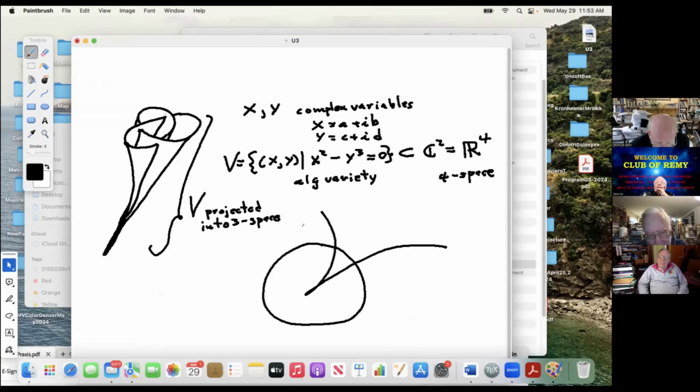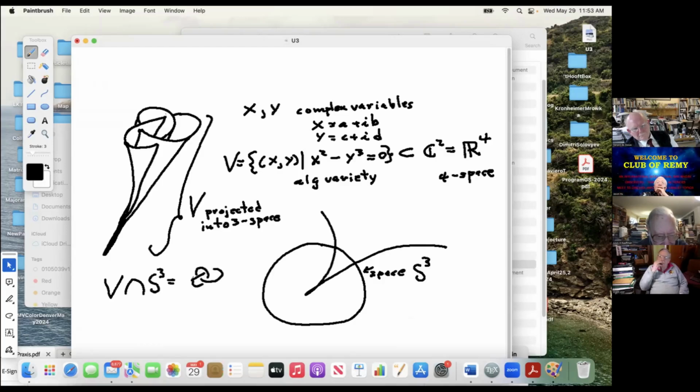And now I'm going to cut it up at the top. I'm cutting it with a 3 space here. And here goes 4 space, like that. And what I'm saying is that V intersected with, now I'm going to call this 3 space S3, a sphere, V intersected with a sphere is equal to the trefoil knot.